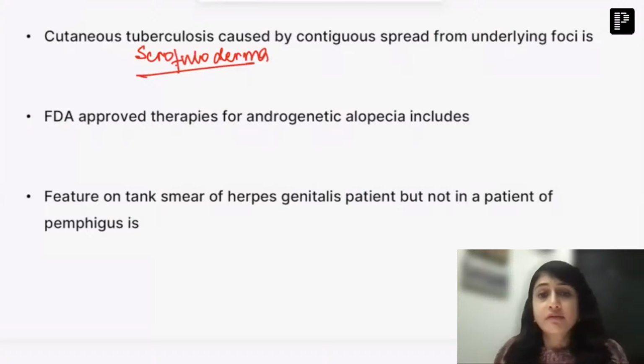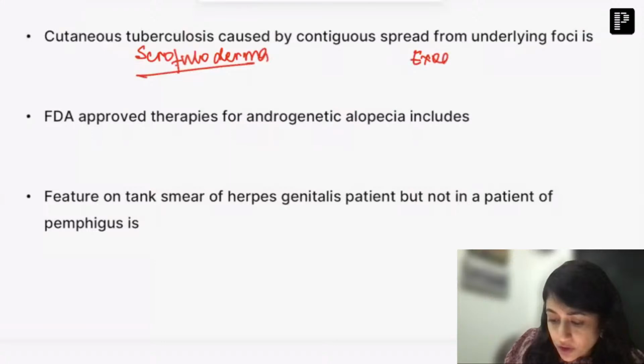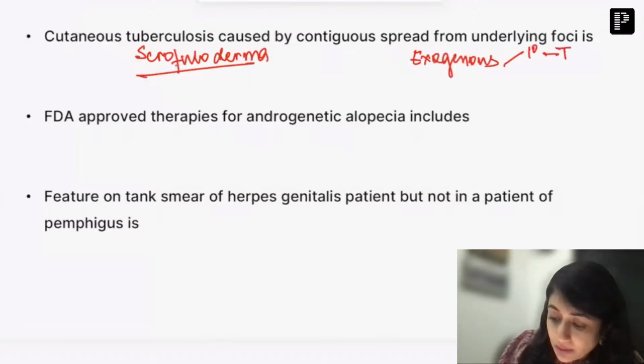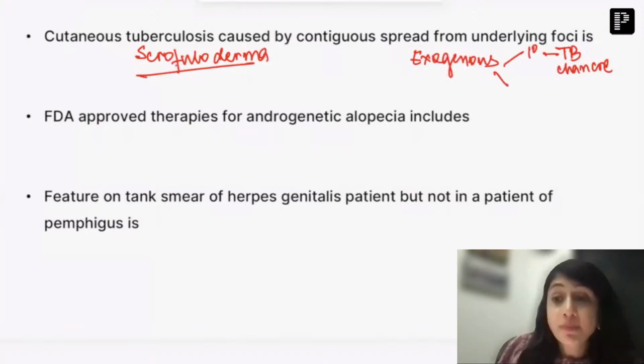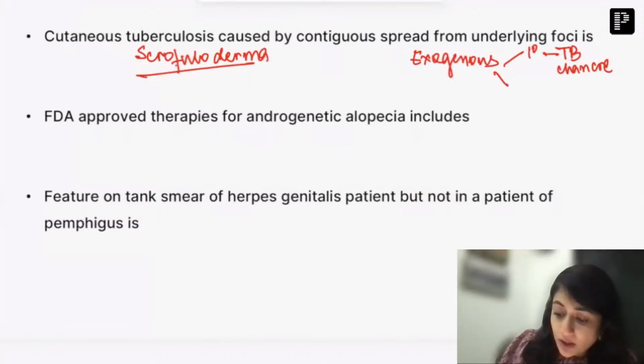So I'll quickly revise cutaneous TB for you. Cutaneous TB has different forms. If it is an exogenous source, and happening for the first time in patients who are not immune, I call it TB chancre. If it is happening in individuals who are already immunized to MTB, we call it TBVC, right?